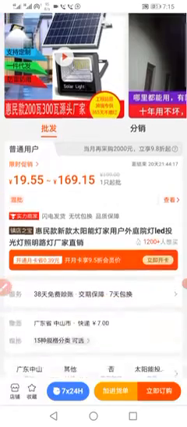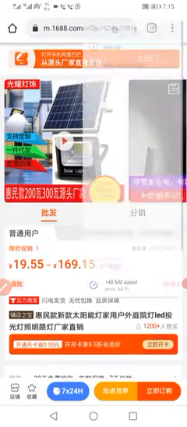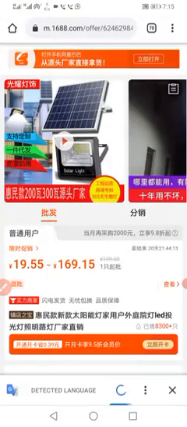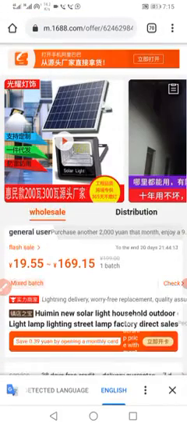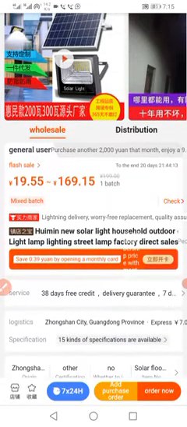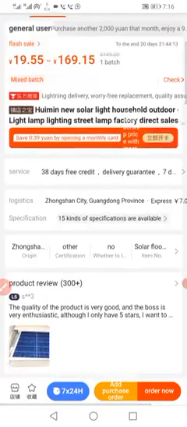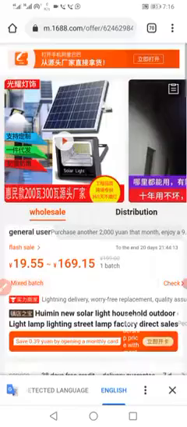So this is the store page of this particular manufacturer. Let me try to translate. Now on this store page, you can do a lot. You can do product research, and also manufacturer research, as well as check some attributes of the product. Those are things you can do on a store page.